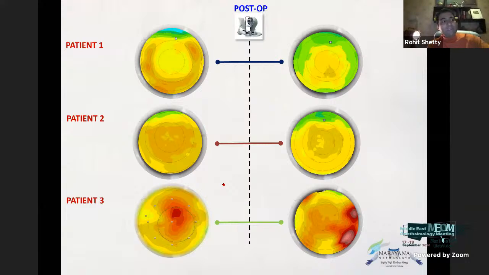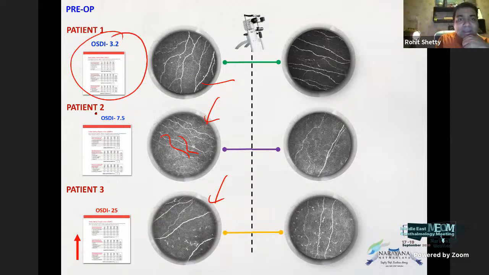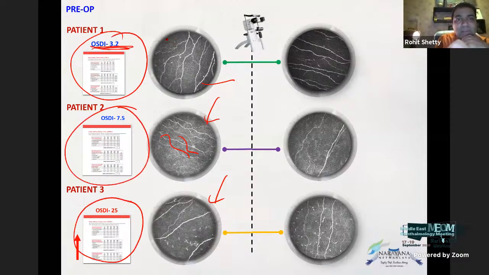Now, I did mention in the beginning that not everybody has access to confocal microscopy. So what do we do? For example, if I go back to the slides again, you can see that the OSDI is still the gold standard because a healthy OSDI means healthy nerves. And as the OSDI score increases, your corneal nerves change.